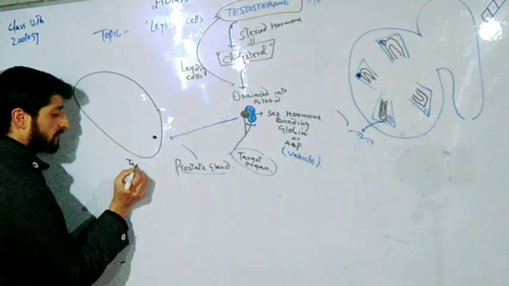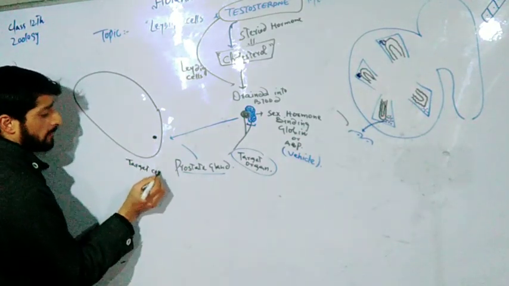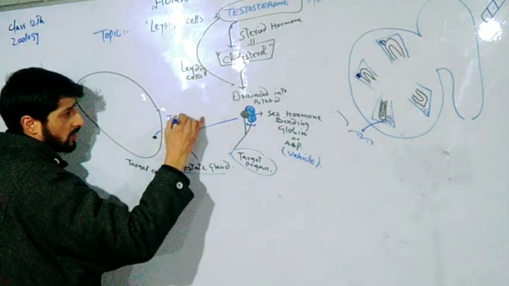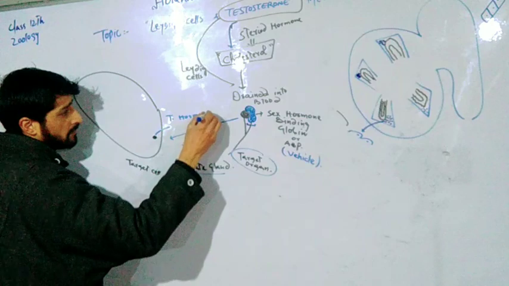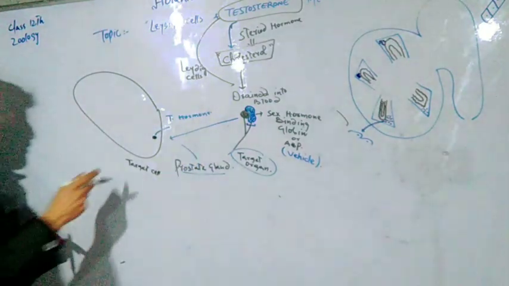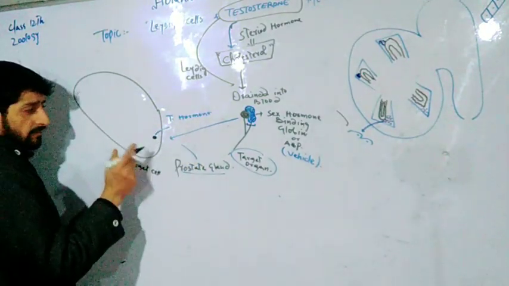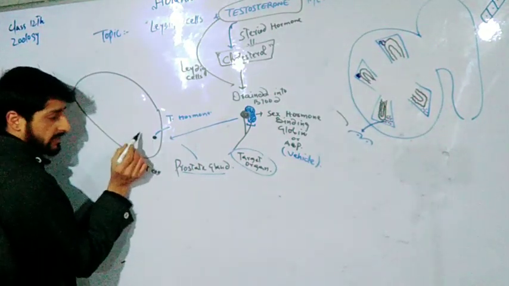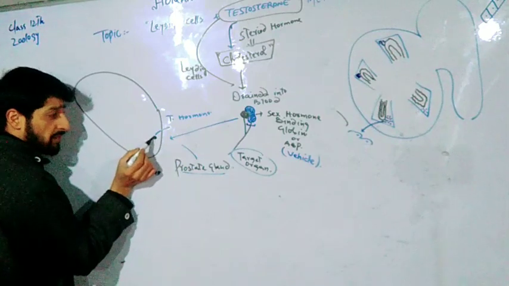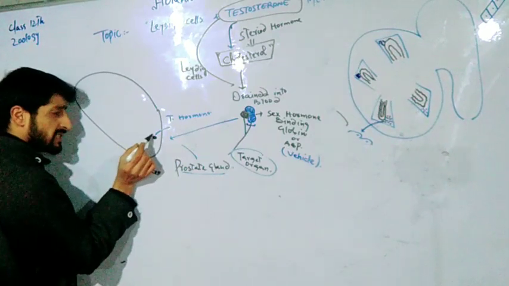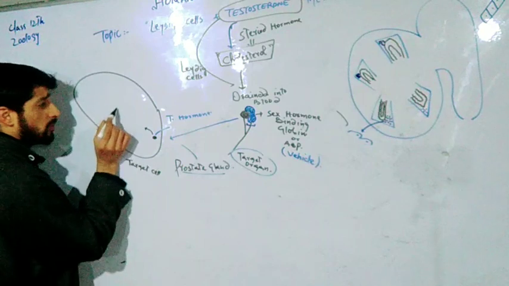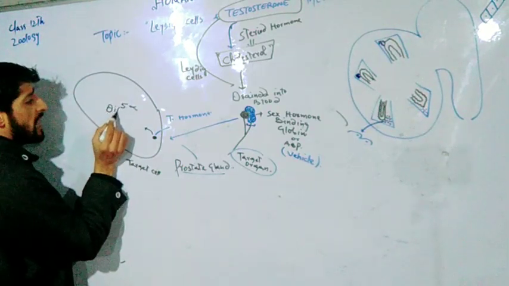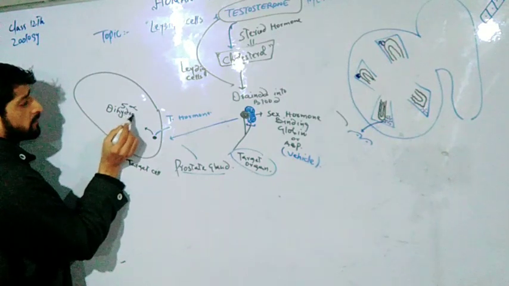Here is the target cell, and here is the testosterone molecule. Once inside the target cell, this testosterone is converted into 5-alpha dihydrotestosterone.